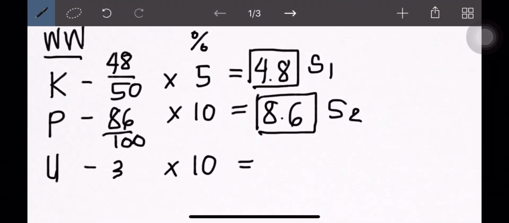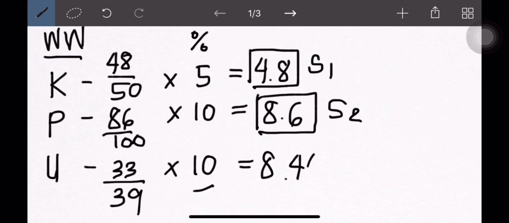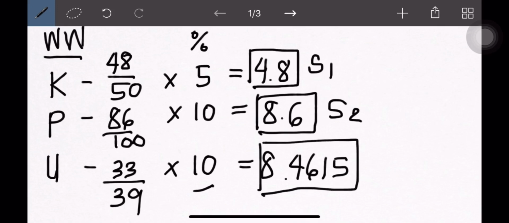So you have 33 over 39. So 33 over 39 times 10 because understanding has 10% of your grade. So you have 8.4615. So we're going to use 4 decimal places here to compute for the grades. So this is our score 3.